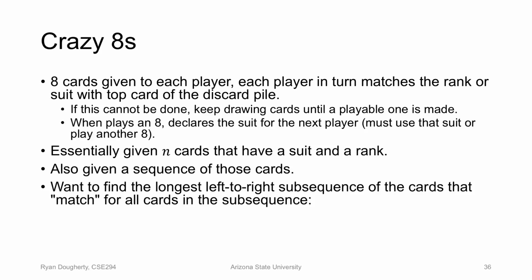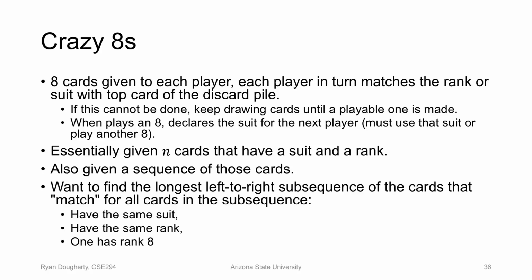So here, what I'm given is this sequence of cards, which has a suit and a rank on each one. And I want to be able to find a match. I want to find the longest subsequence I can so that I have a match when I go through the entire thing. So what I want is that each consecutive pair of cards has either the same suit, the same rank, or one has rank 8.